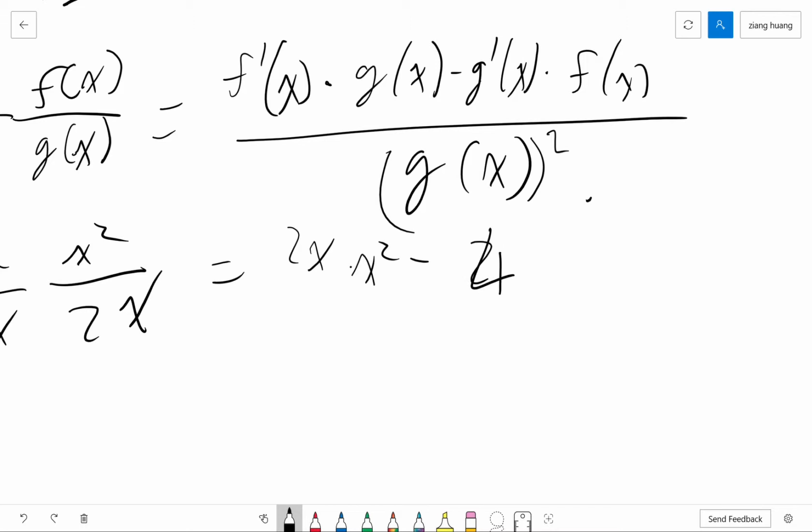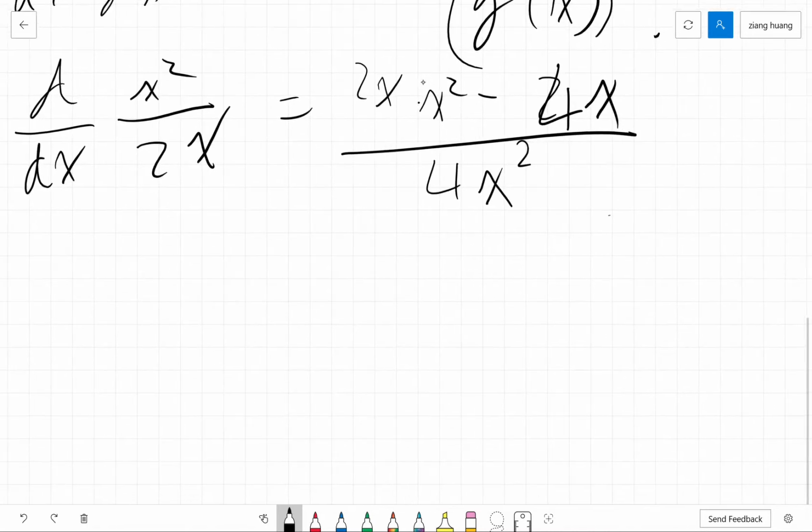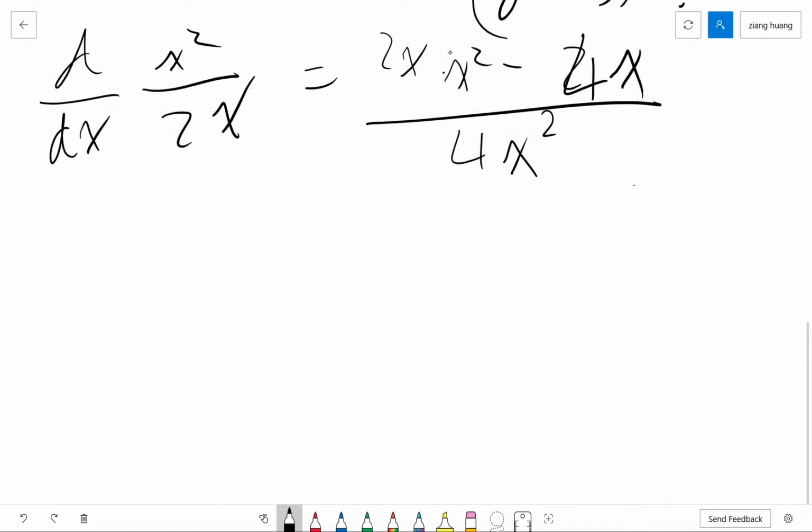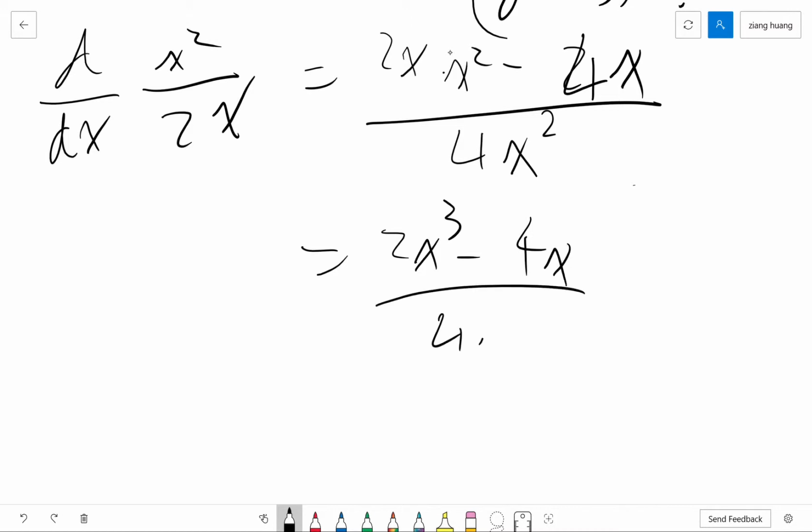So this is equal to 4x cubed minus 2x squared, divided by 4x squared, because 2x squared is 4x squared. Now this is our derivative.